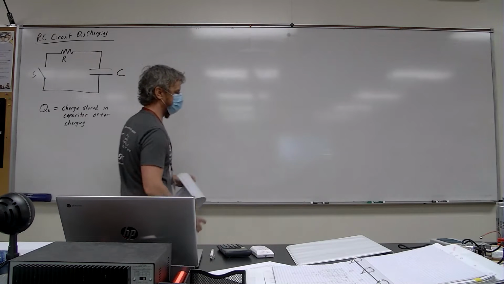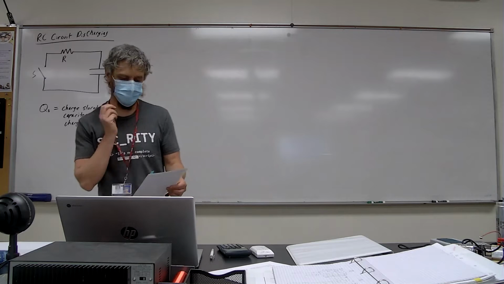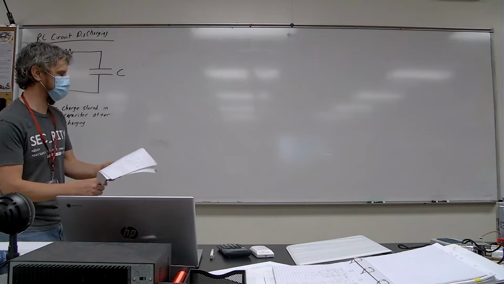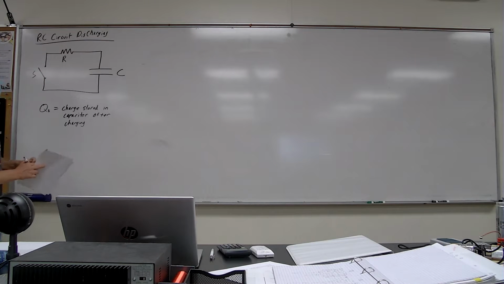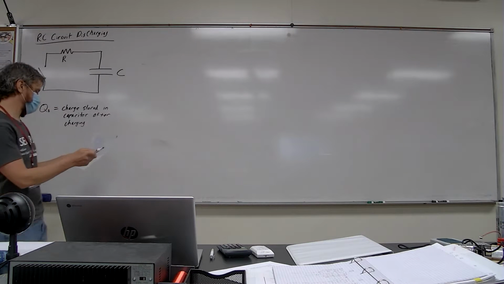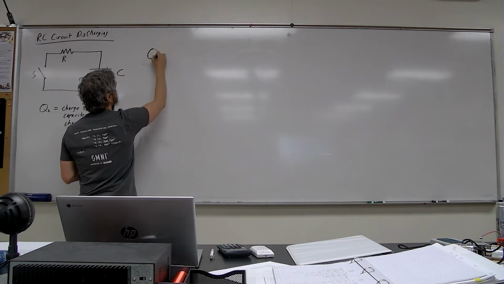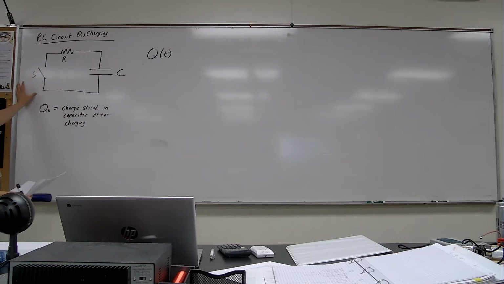So yesterday, if you were in class or on Zoom, then we're going to pick up where we left off. If you weren't, then just refer to Mr. Fullerton's videos. So we ended with discharging capacitors. We wrote a differential equation and solved it for the charge after we disconnect the battery and reconnect it without the battery in the circuit.